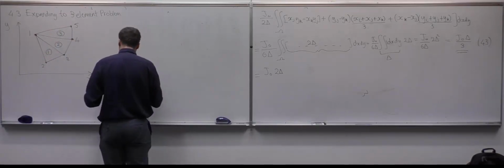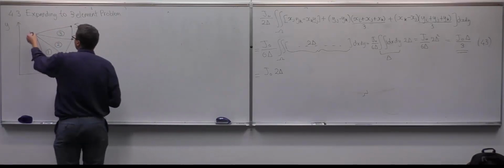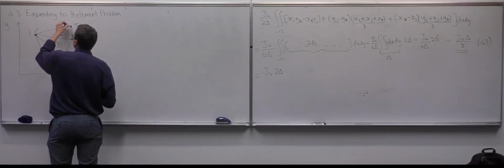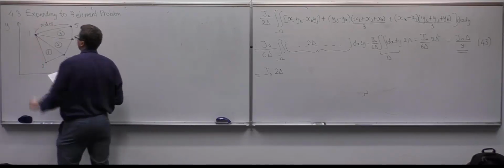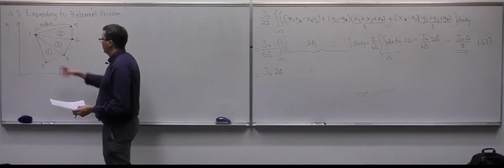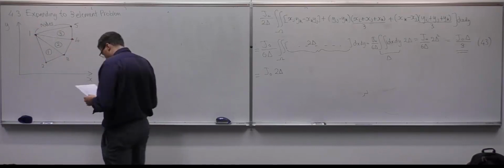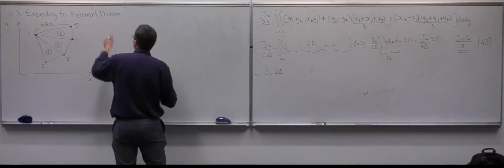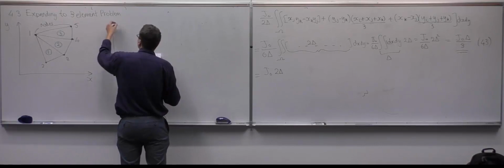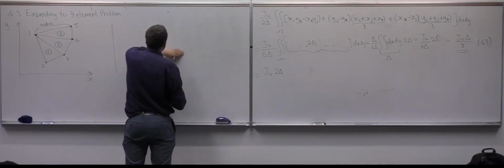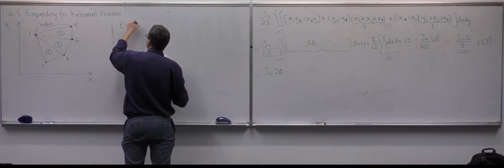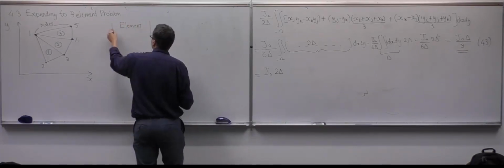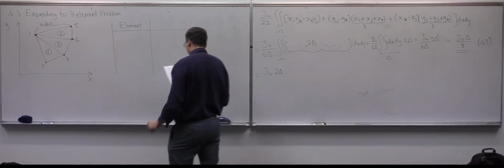So now these points are nodes. The points of the triangle are called nodes, and each of the triangles is called an element. So then we can make a table, and you could make a matrix in Matlab, for example, with this information.